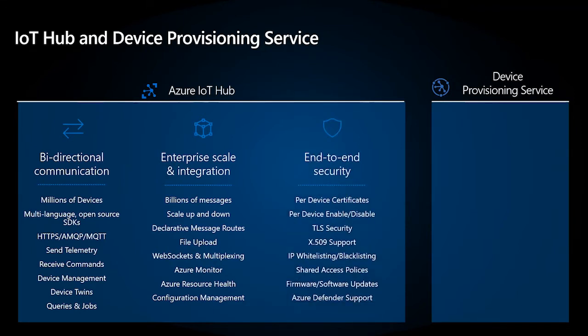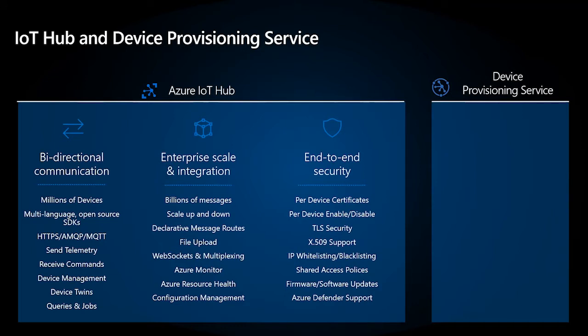And then what I would consider most importantly is end-to-end security. What's nice is that you could do per-device certificates. We have that X509 support as well as SAS tokens, whatever your solution needs when it comes to security there. We do have different types of support.